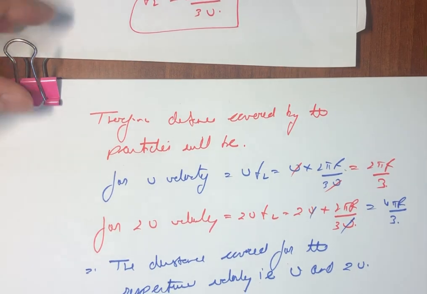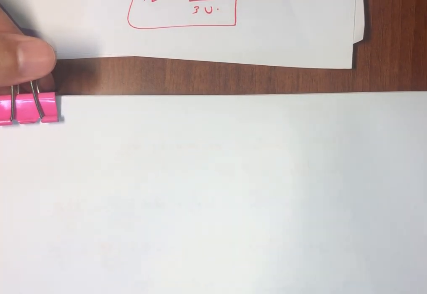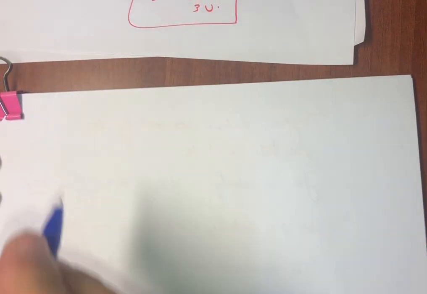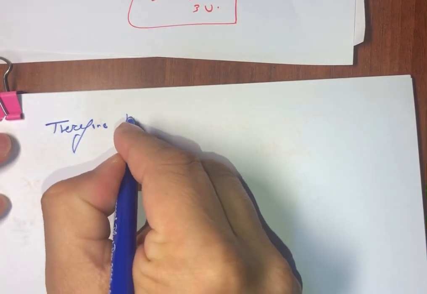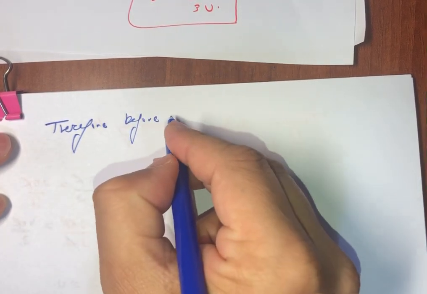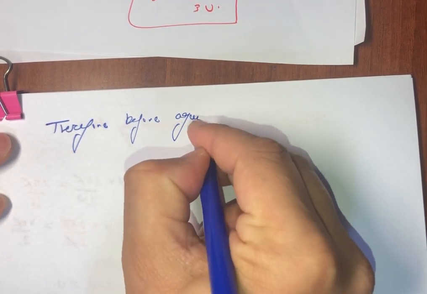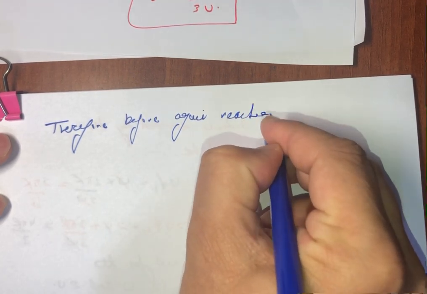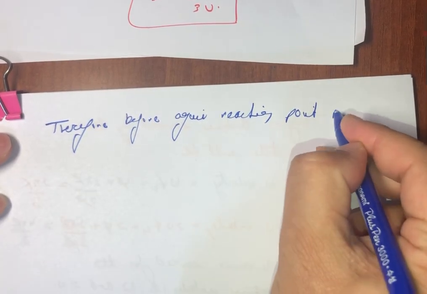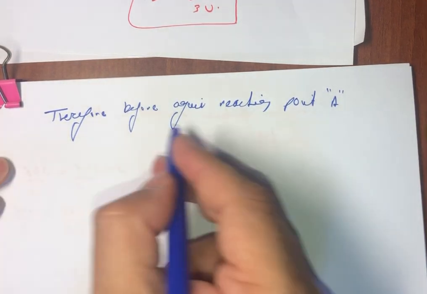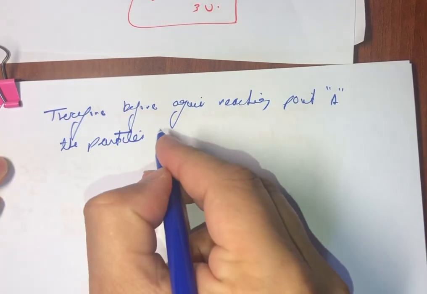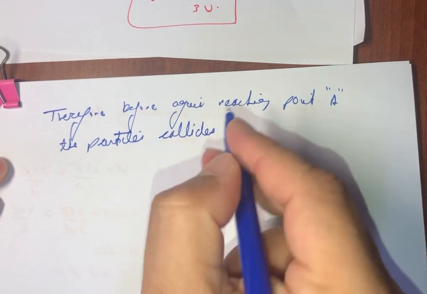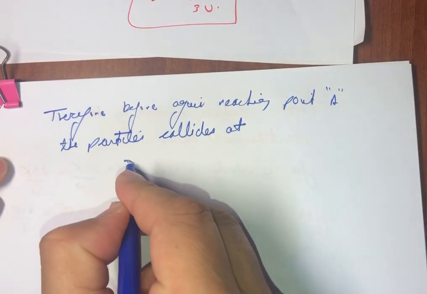And here we can say, therefore, before again reaching point A, the particles collide at two places.